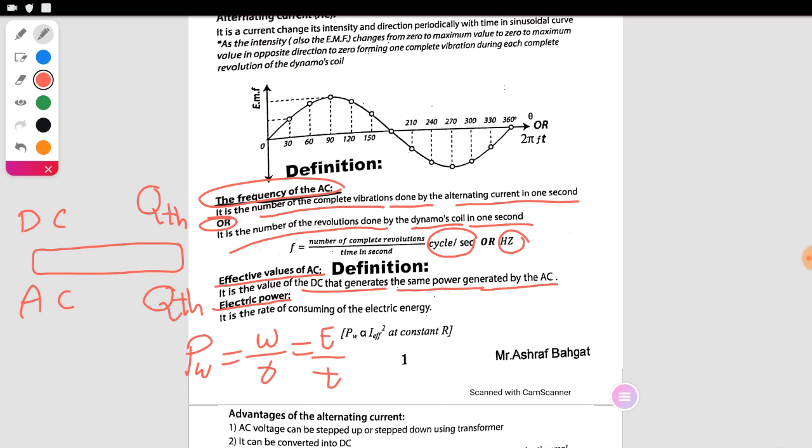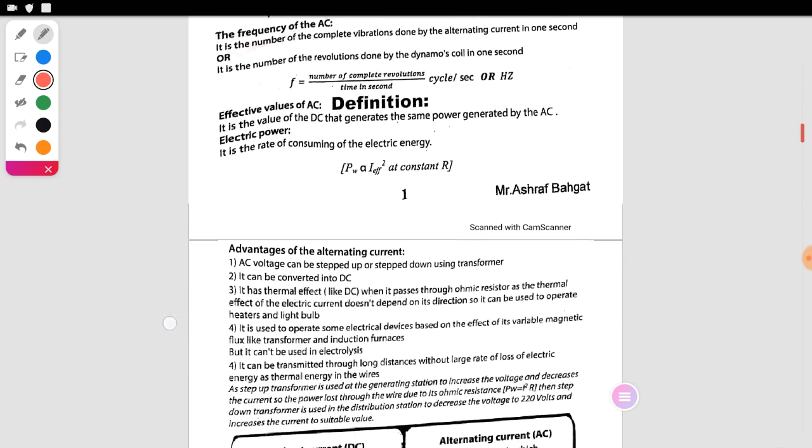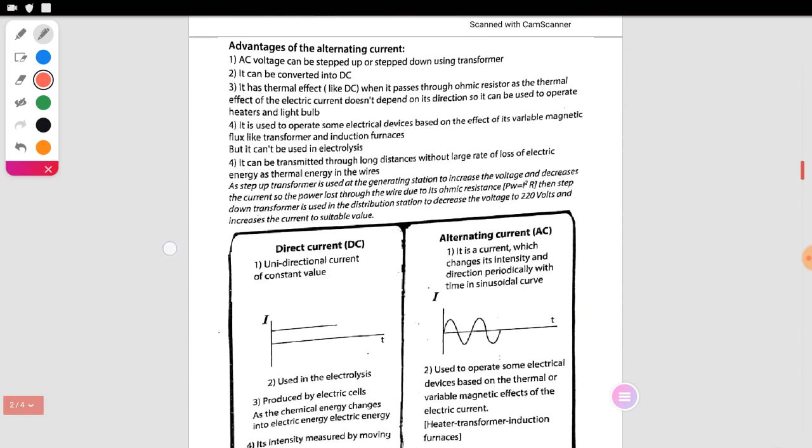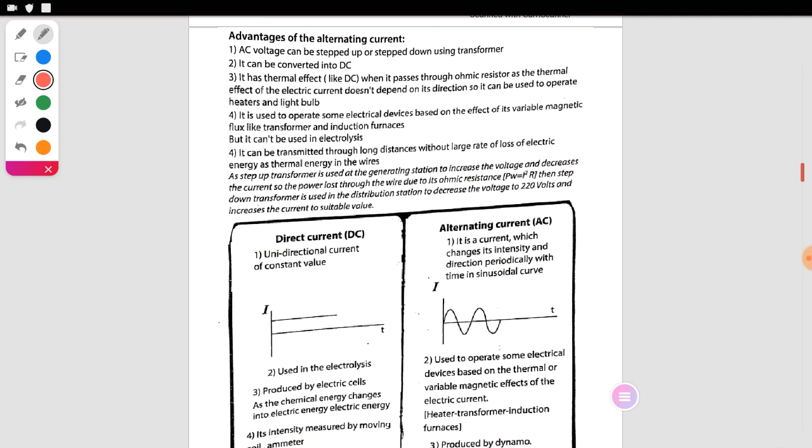This power is directly proportional to the effective value squared at constant resistance. This is called alternating current.